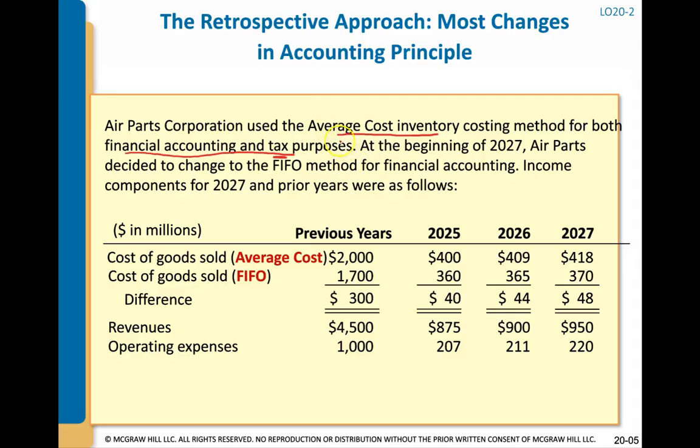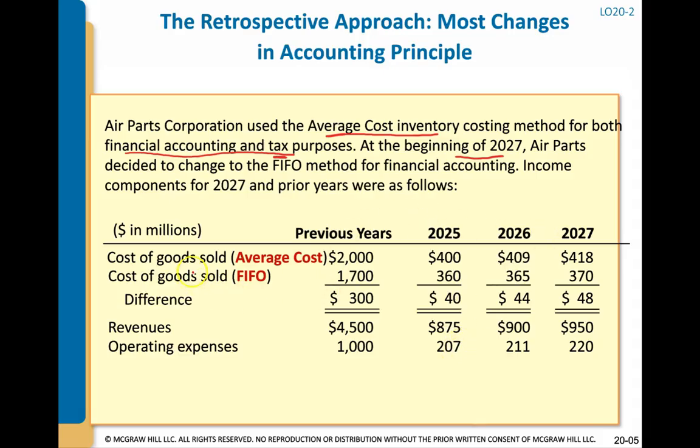But in this situation, they were using the average cost inventory method for financial accounting and tax purposes, but at the beginning of 2027, the company decided to change to the FIFO method for financial accounting. So the average cost and FIFO are different inventory methods that you can use. And we're provided with different income components for 2027 and prior years.